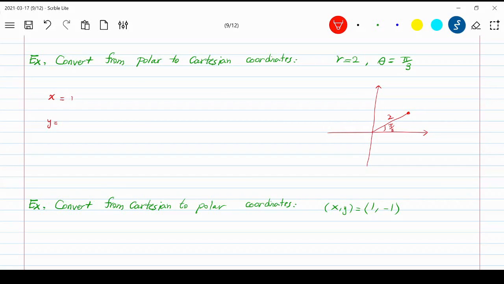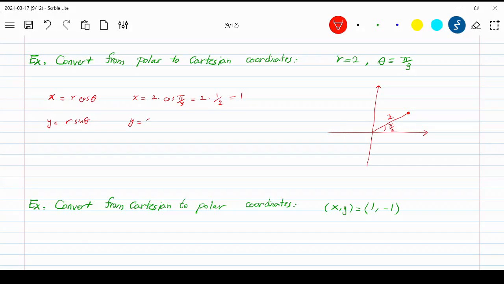As we know, x is r cosine theta, and y is r sine theta. So what is the x coordinate? It would be 2 times cosine of pi over 3. Pi over 3 is 60 degrees, so cosine is 1/2, and x is 1.